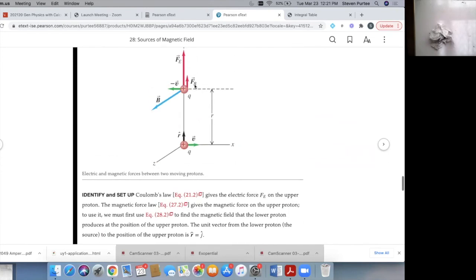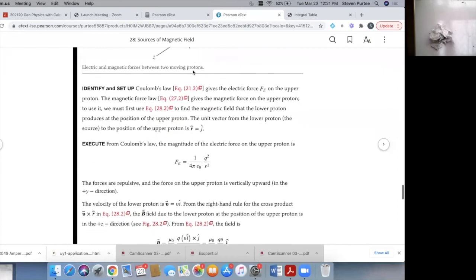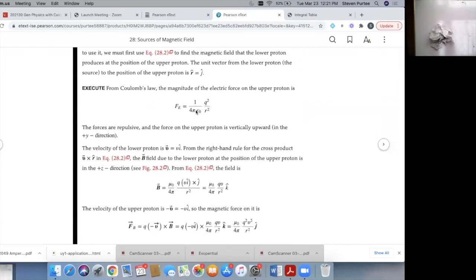Okay, if we find Fe, we know that's k Q1 Q2 over r squared. FB, we know how to find that. So here's Fe. Remember, k is 1 over 4 pi epsilon naught.